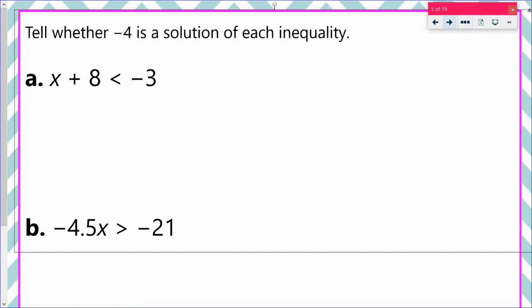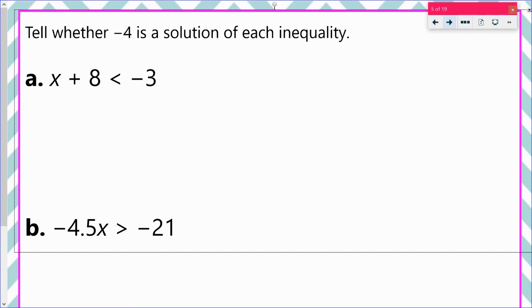But now with inequalities, you literally have endless amounts of solutions, okay? Because if you have, let's say, x is greater than 5, well, any single number greater than 5 would fit that inequality. So 6 would be a solution, 7 would be a solution, 5.1 would be a solution, 5.0023156 would be a solution. Okay, so any number greater than 5 would be a solution.